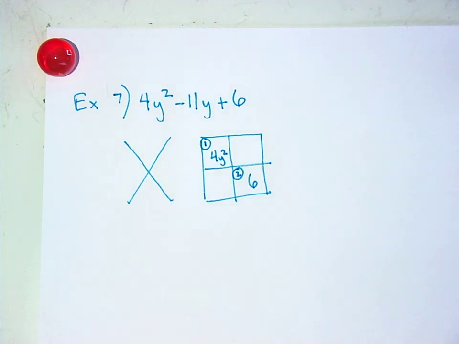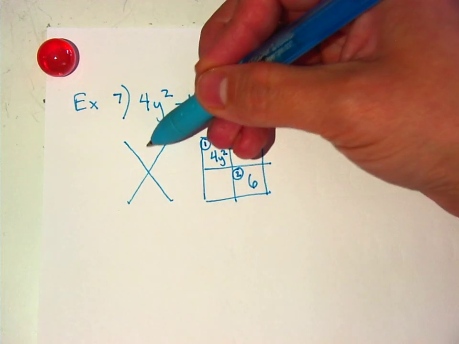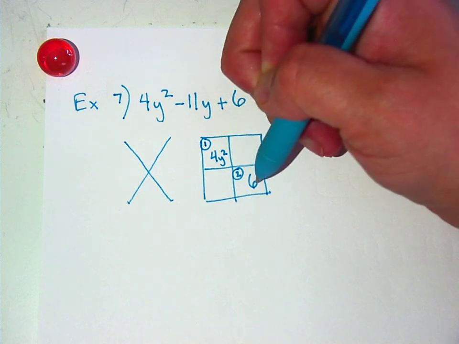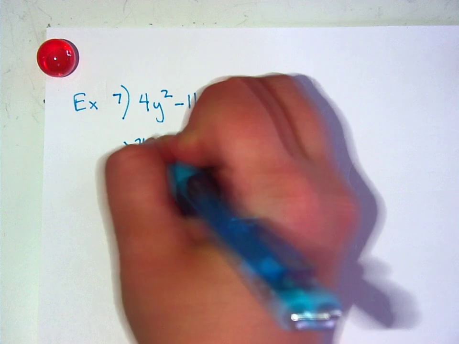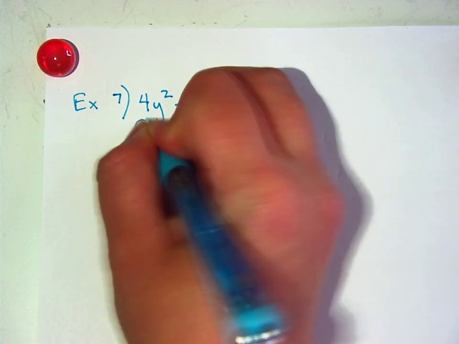That's the last one. Remember what you do now? Do the X. Yeah, you multiply these two together, and that's what goes on top. So I'm multiplying these together. 4 times 6 is 24y squared. This is my third move up here.